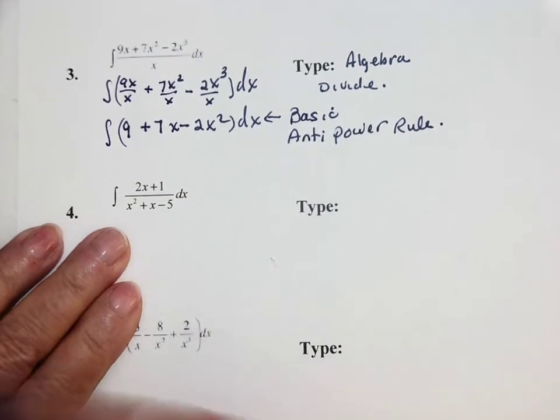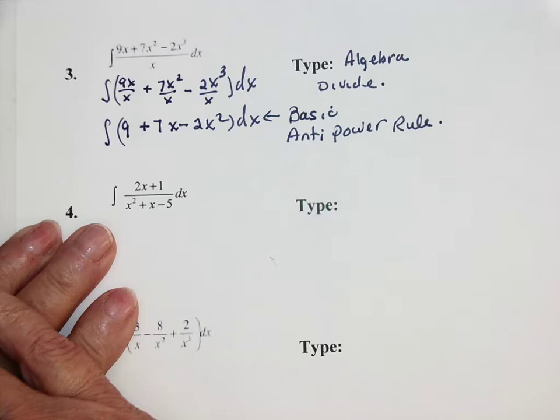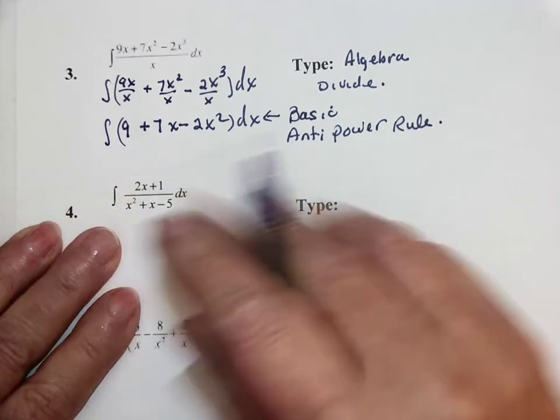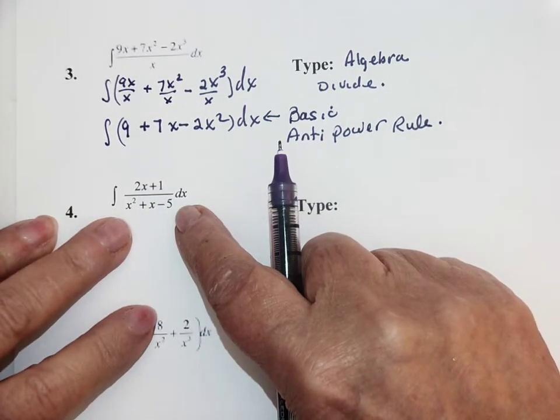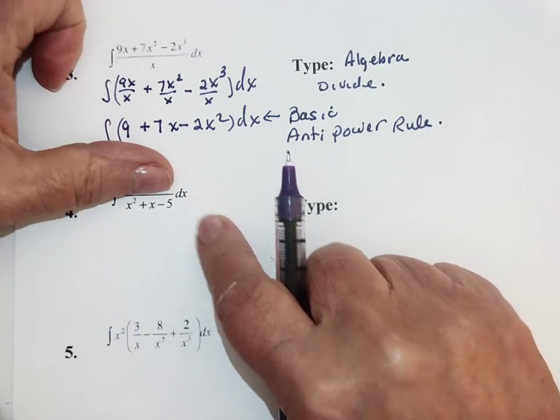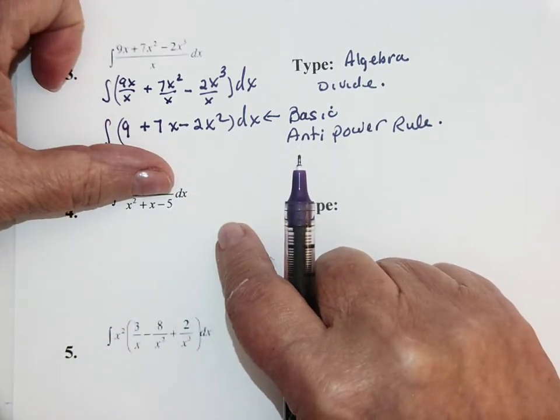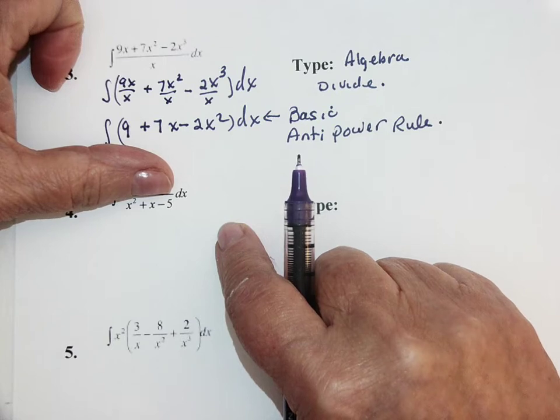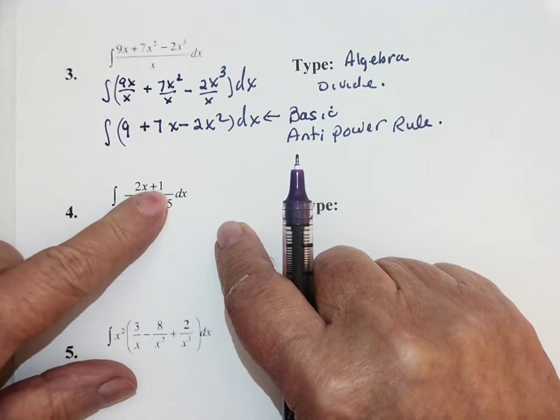I look at this and what's its type? Is it a basic? Well, no, it's not a basic. Is it a u sub? Well, if I differentiate the denominator, I get the numerator, because the derivative of x squared plus x is 2x plus 1. And that's this guy right here.